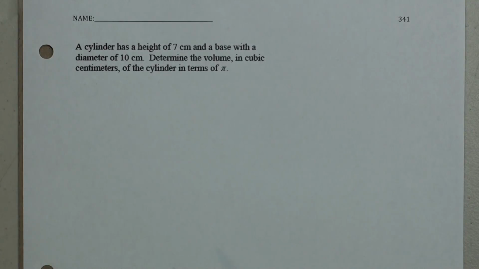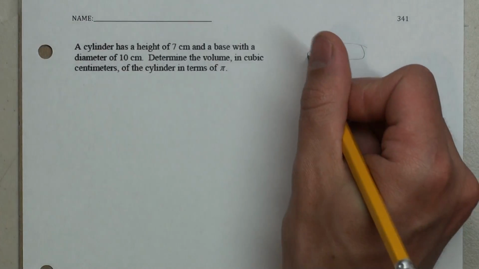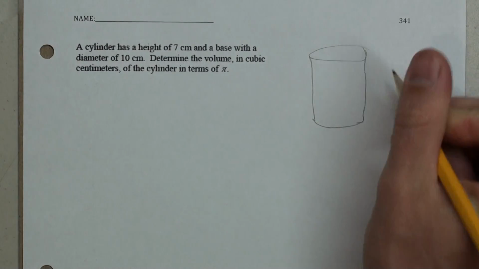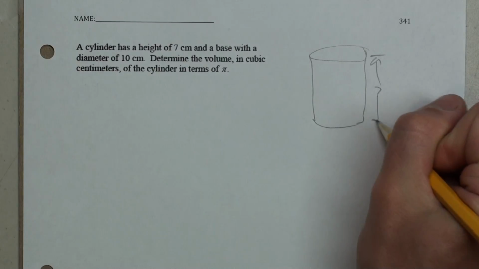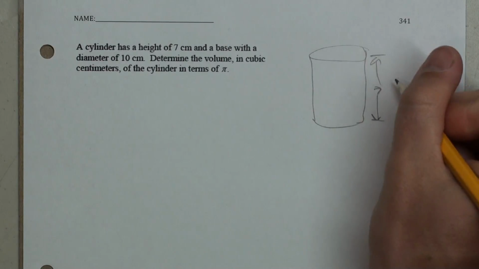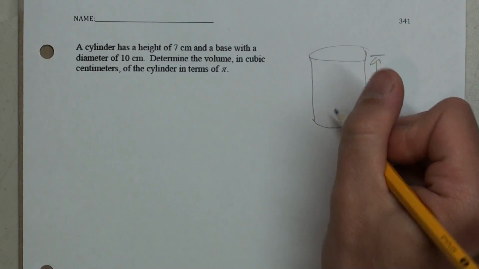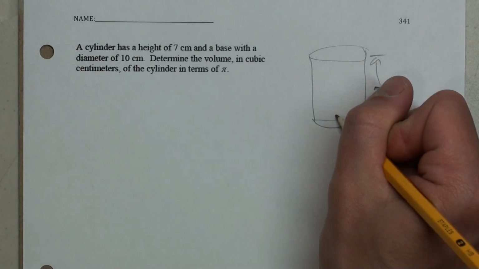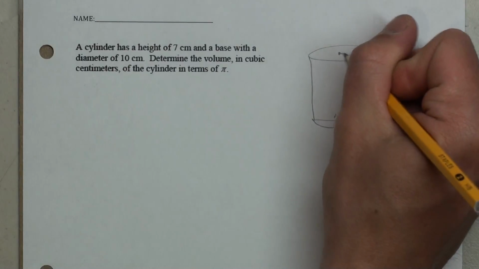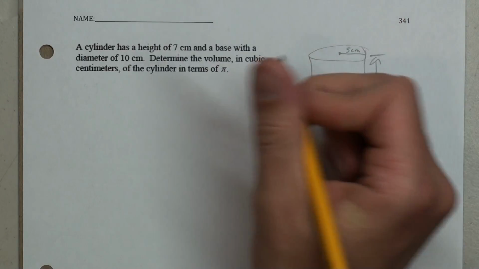A cylinder has a height of 7 centimeters and the diameter is 10 centimeters, so then the radius is 5 centimeters.